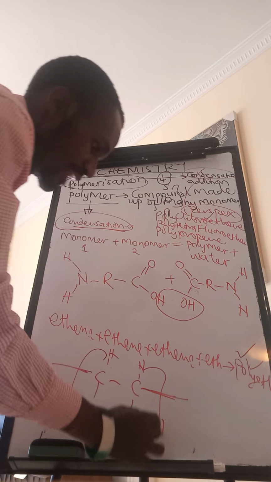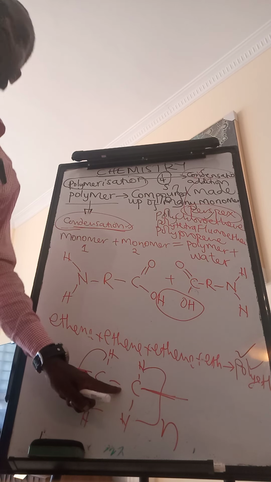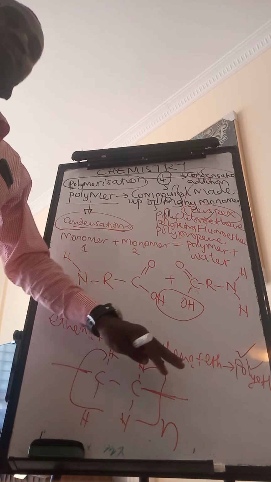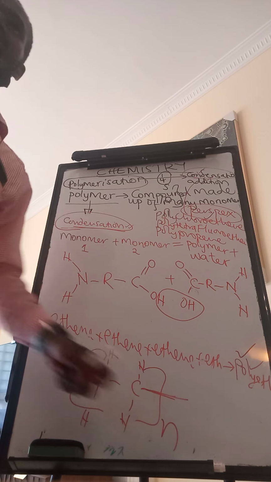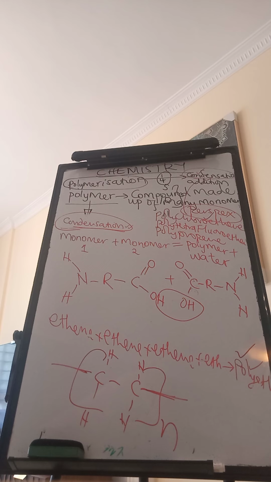So it's a continuous molecule, and it tends to extend at these other ends. So you always put an n here to indicate that this is a monomer that has formed this polymer, where the final polymer has n monomers. So you don't say ethane, you say ethene.